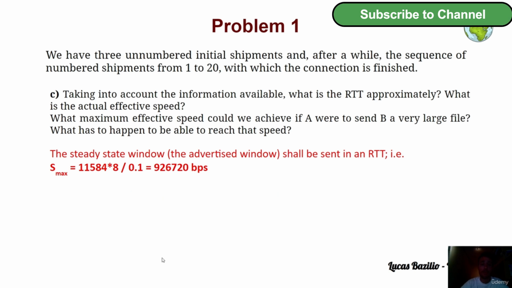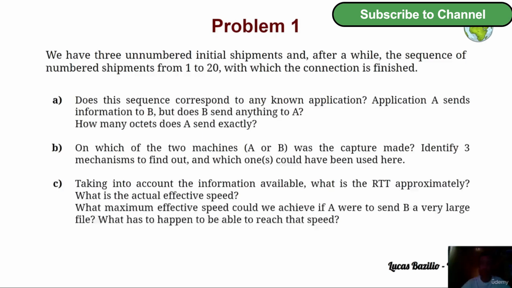Because if we have losses, it will be impossible to send the size of the advertised window in one round trip time, because we are going to resend packets that were already sent before. So the time is going to be bigger, and so the effective speed will be lower. If we want the maximum effective speed, we need the condition that there should be no losses in the TCP connection. Very well, so with this we finish the solution to question C.